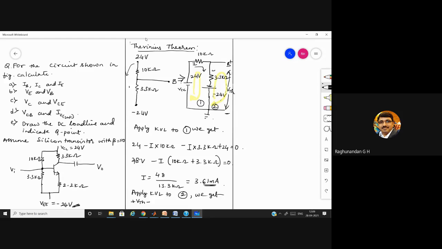Coming to this entering point, leaving point, we take it as minus I into 3.3 kilo ohm. Coming to this, plus 24 is equal to 0. Yes, can you tell me what is VTH? Substitute I value and tell me.